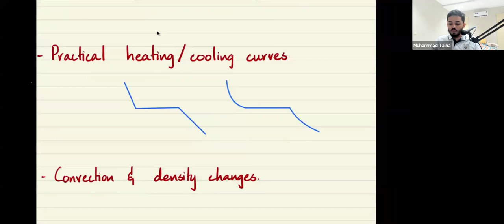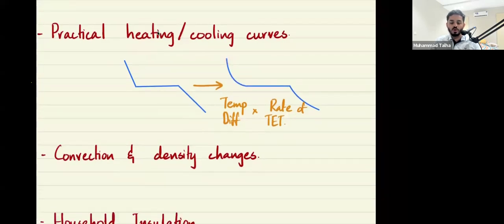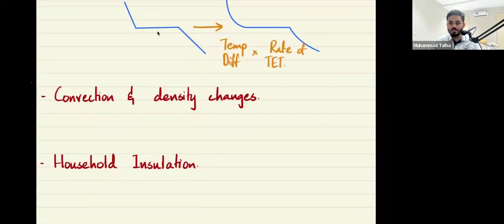The idea here, what makes the shape go from this to this in reality, is the idea that the temperature difference is proportional to the rate of thermal energy transfer, right? So initially, if something is very hot, it's going to cool down really fast, but with time, this slows down because the temperature difference goes down. This idea has also been assessed in a lot of ATPs.